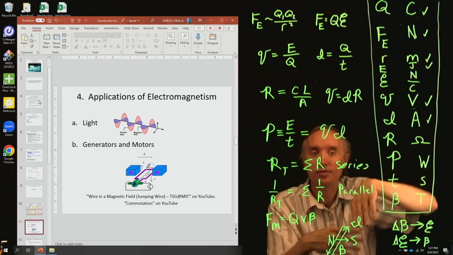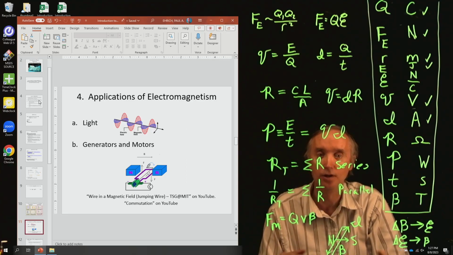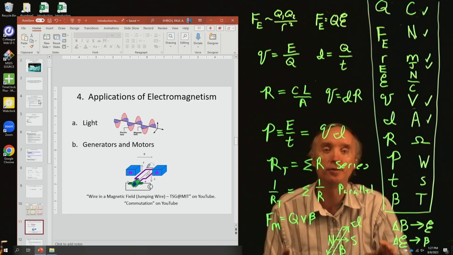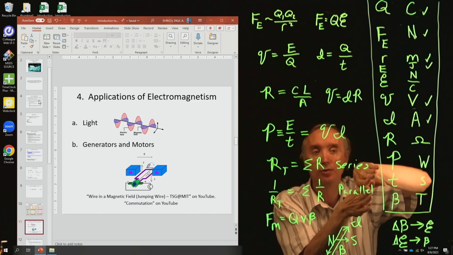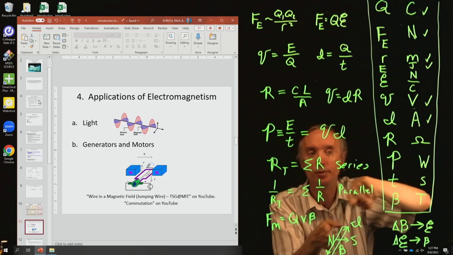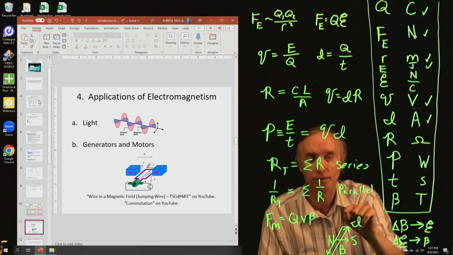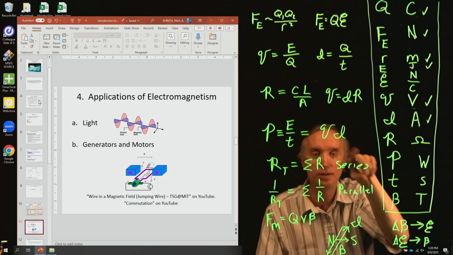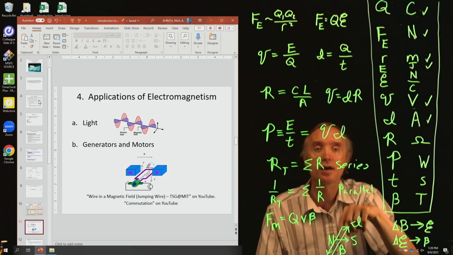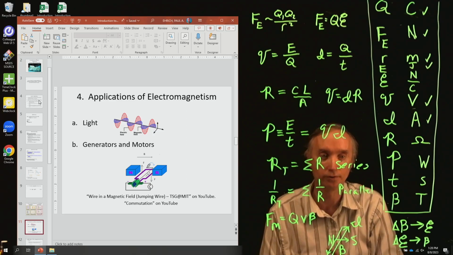And then if you put this thing called a commutator, which we don't care about, on it, it will reverse the current and keep it spinning. So notice we put in electrical current and we get out spinning motion. So that's an electric motor.